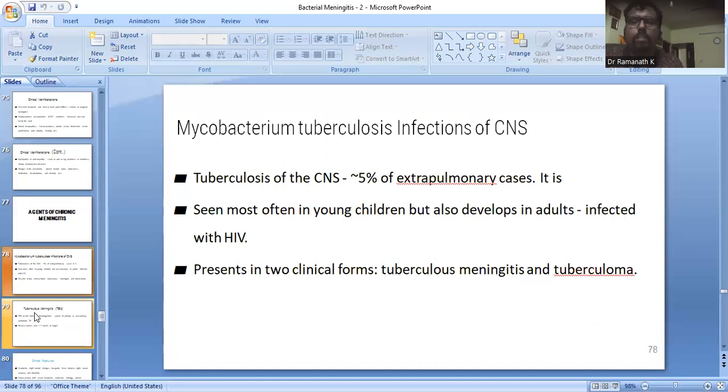As a co-infection with HIV, tuberculosis is seen in HIV-positive patients, and among them tubercular meningitis is most common. It is mainly produced by Mycobacterium tuberculosis and is classified into two clinical forms: tuberculous meningitis and tuberculoma.